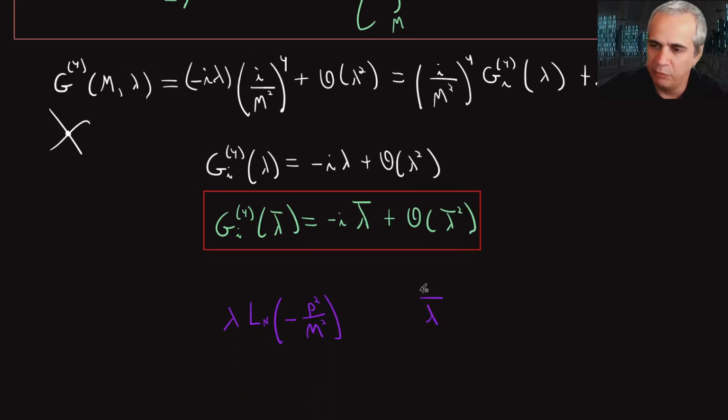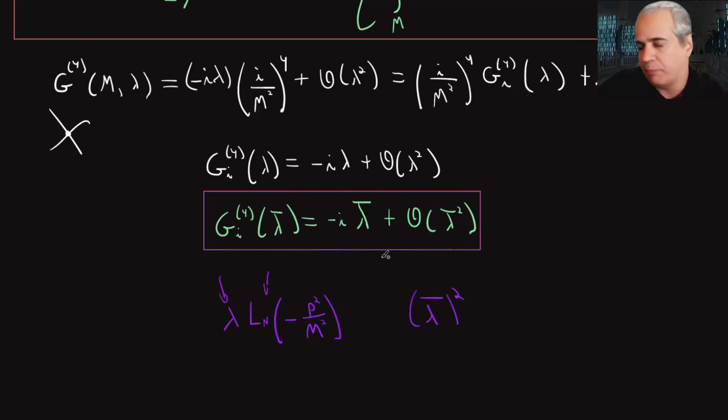It would be really nice if we could do an expansion now in powers of lambda bar instead of powers of lambda, because that incorporates already the big logs in here, and I don't have to worry about two separate things anymore, but just the value of this lambda bar.